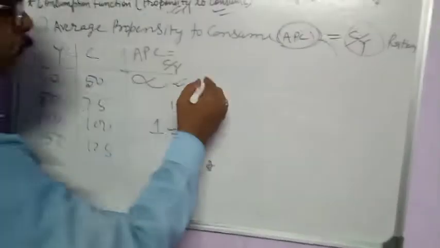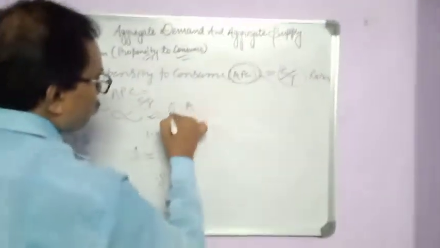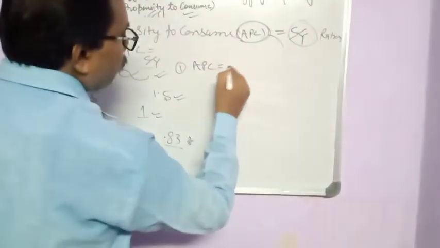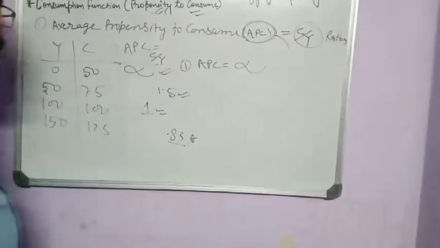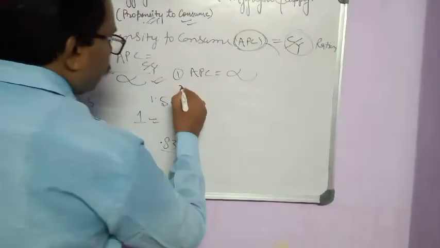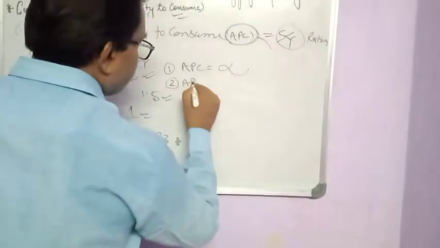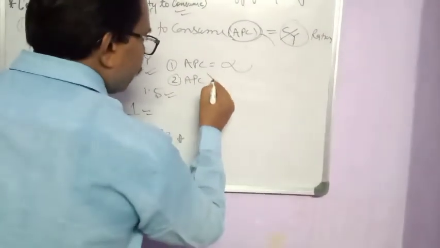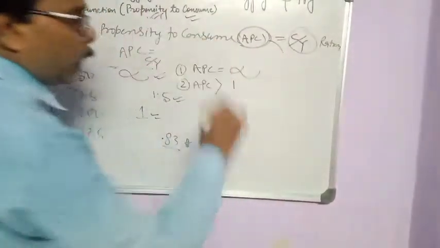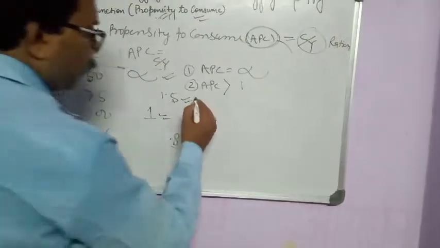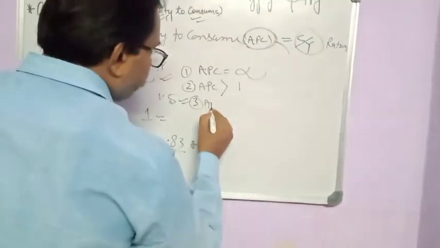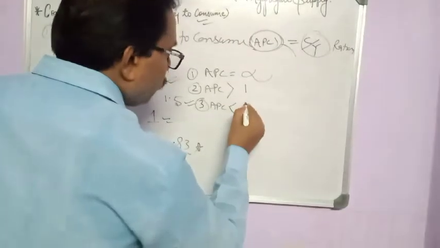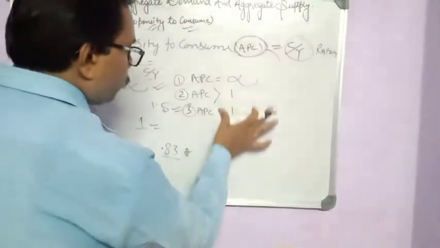So on that basis we can say, first, APC may be infinite. Second, APC may be greater than 1. Third, APC may be equal to 1.